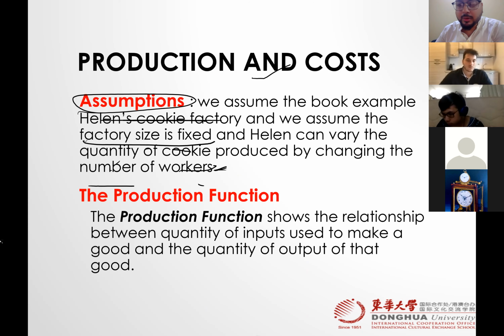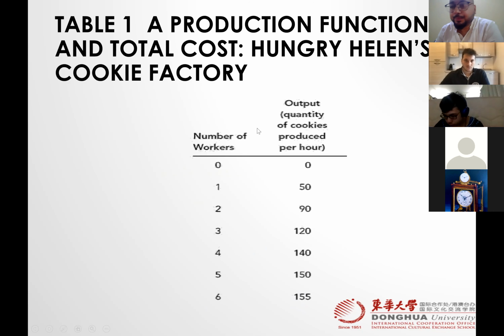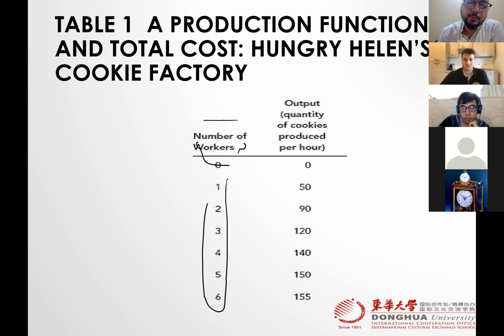Okay, now let's talk about the production function. A production function shows the relationship between inputs and output. Inputs are used to make goods, outputs are the final goods. Here we go. So you see the inputs, number of workers, and all other things we say are fixed, factory size is fixed. We took one input, which is workers, and we compare it with our output.